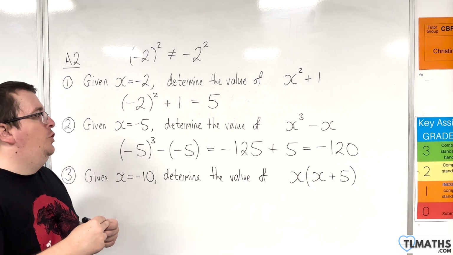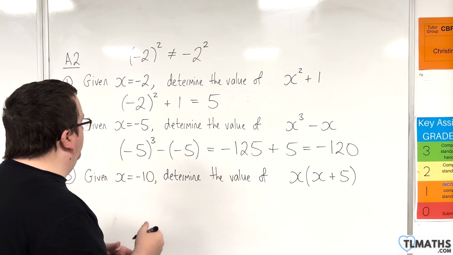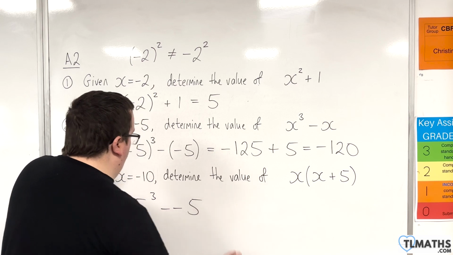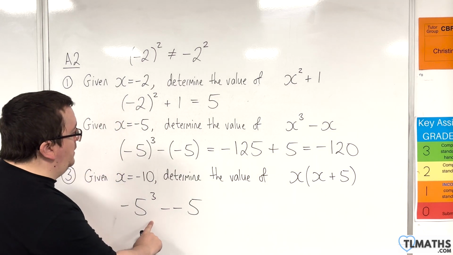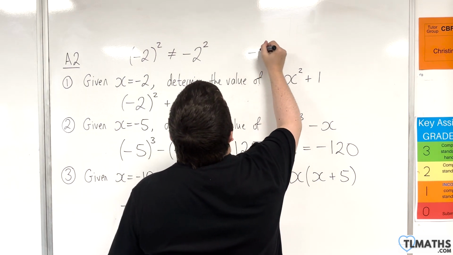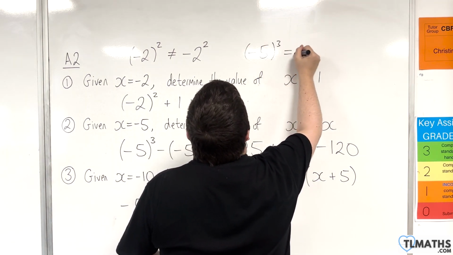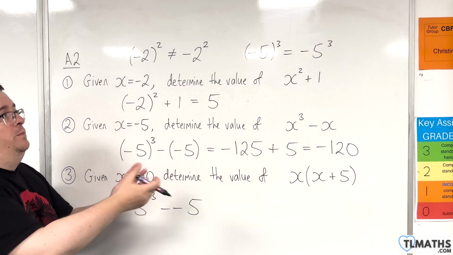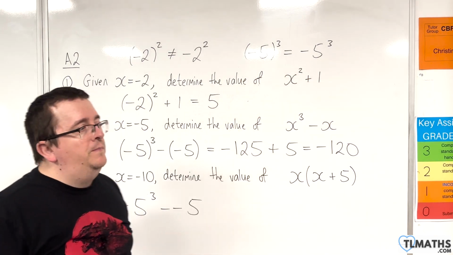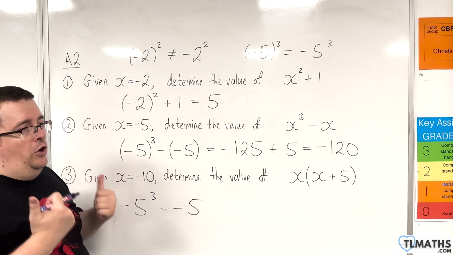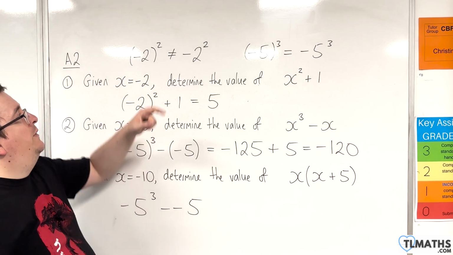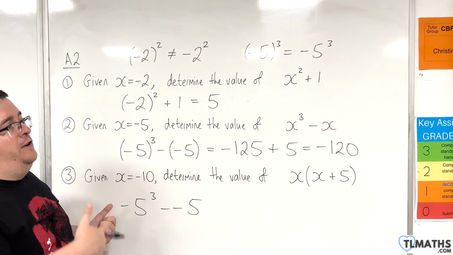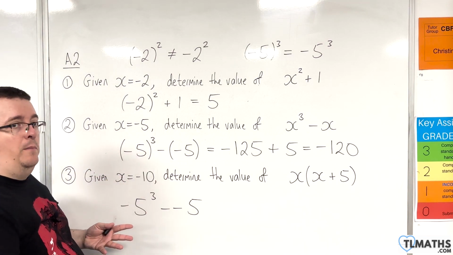Now, you could, in this instance, have gotten away with this, because minus 5 all cubed is actually the same as minus 5 cubed. Now, that is a consequence of you cubing rather than squaring. So when you're cubing, you've got minus times a minus times a minus, which is a minus.